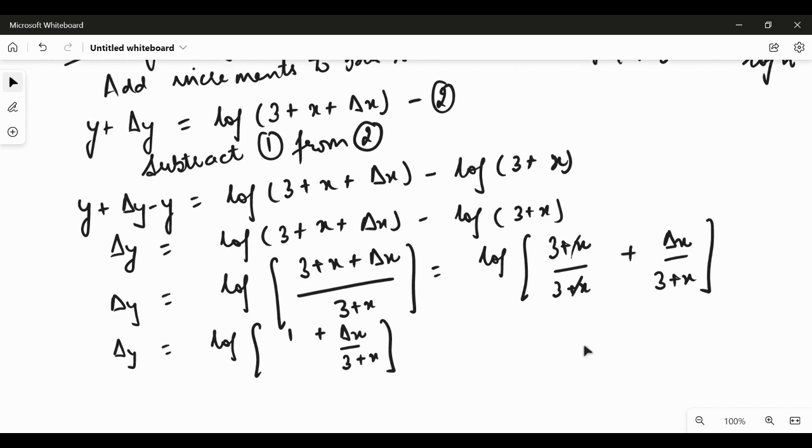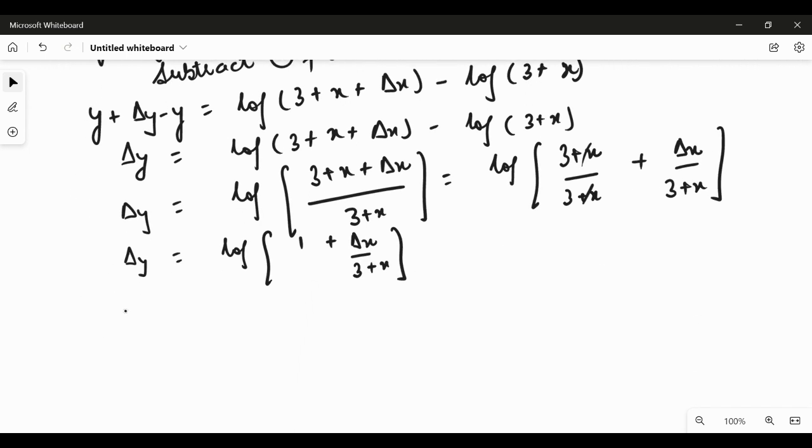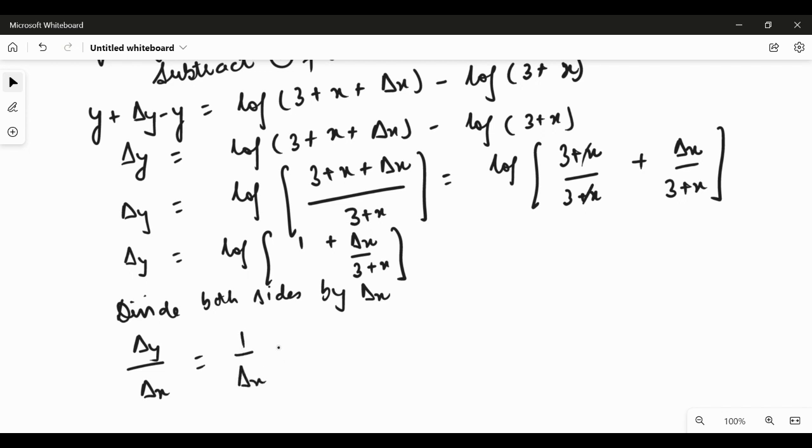Fine. So now the next step is that we will divide both sides by delta x. So what I will get, delta y by delta x is equal to 1 upon delta x into log of 1 plus delta x divided by 3 plus x.